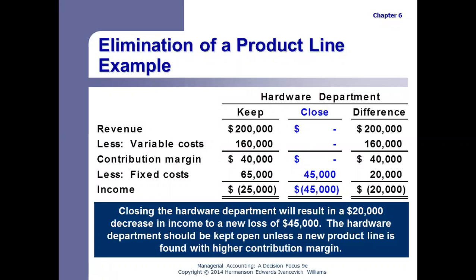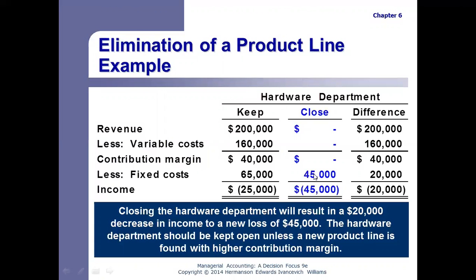This might be the allocation of the rent for the whole store. Hardware got charged a certain amount for the rent, for the utilities, for the store manager's salary. So those costs that were charged to the hardware department now have to be spread out to the other departments.